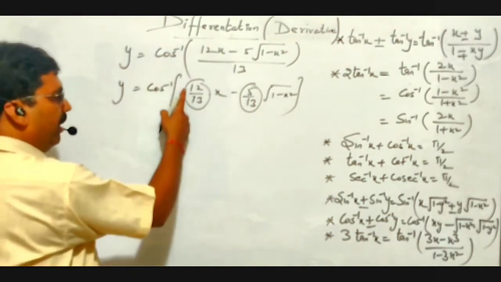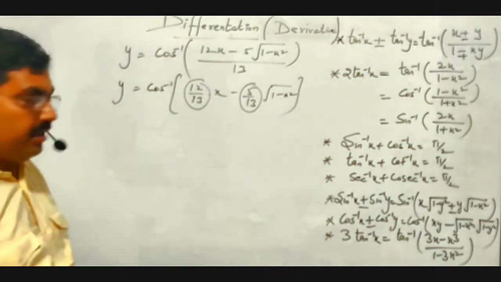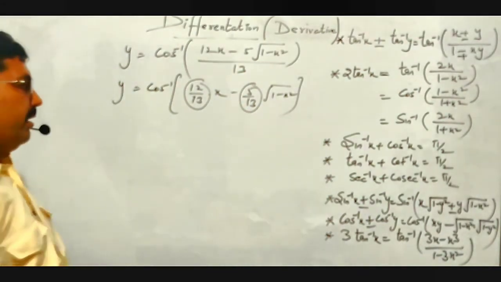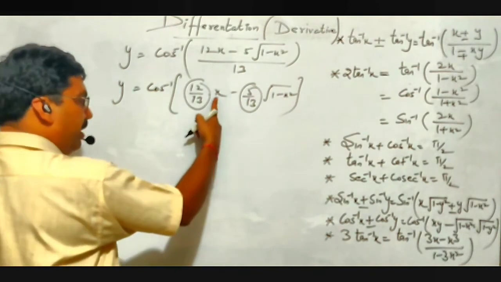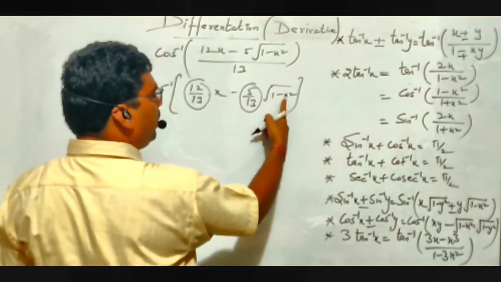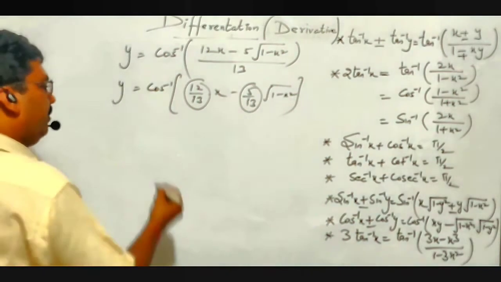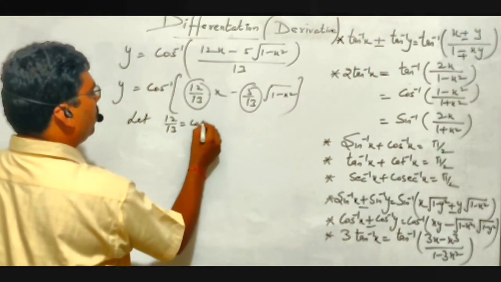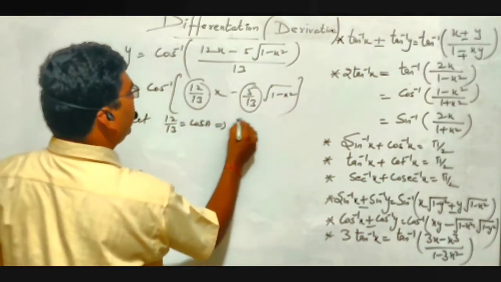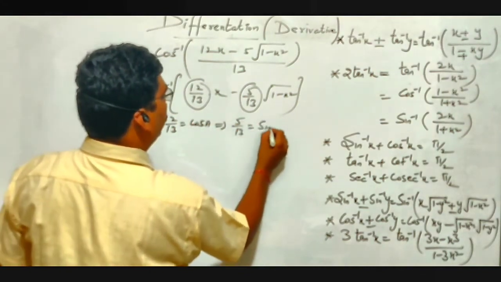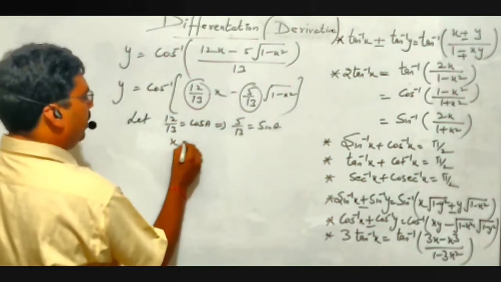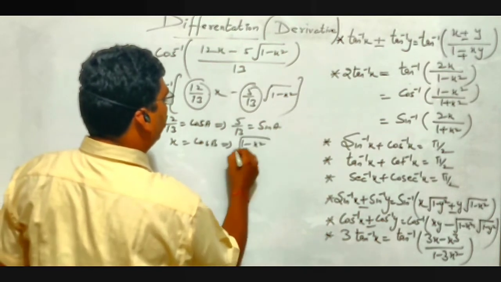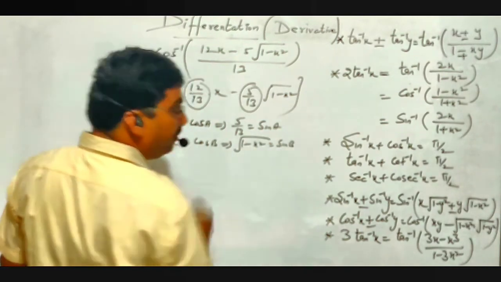It means if 12 by 13 equal to cos A, then 5 by 13 equal to sin A. And if x is equal to cos B, then root of 1 minus cos square B means sin B. So let 12 by 13 equal to cos A, this implies 5 by 13 equal to sin A. And x equal to cos B, this implies root of 1 minus x square equal to sin B.